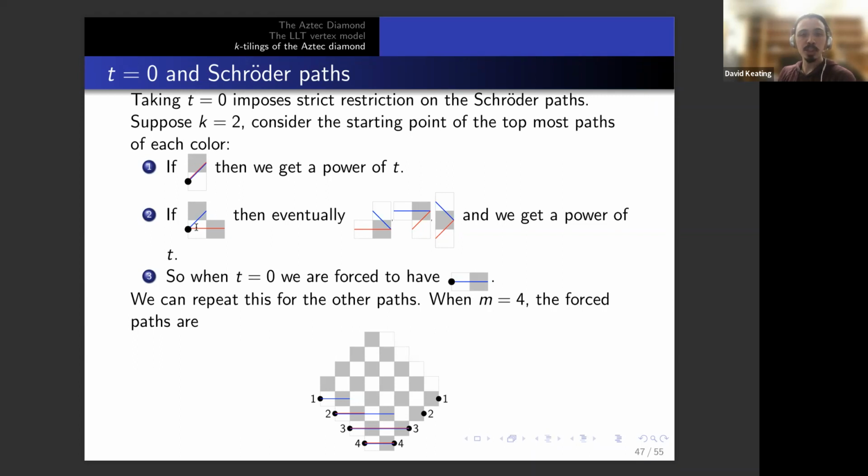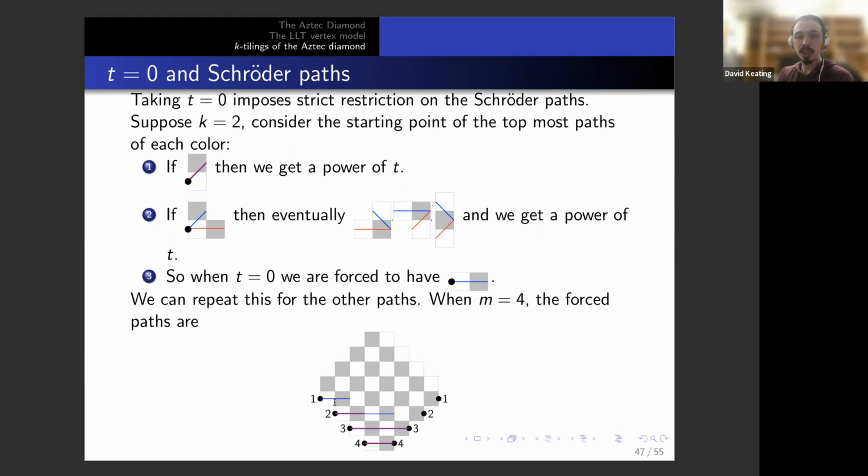Now, if the blue goes up and the red goes over, well, since they end at the same point, eventually the blue will have to come back down and meet the red. And these give a power of t, so that is also not allowed. What will end up happening is that the only thing the blue path can do at the start is go horizontally over one step.